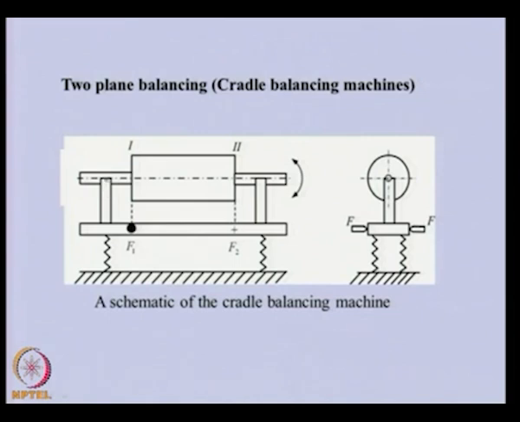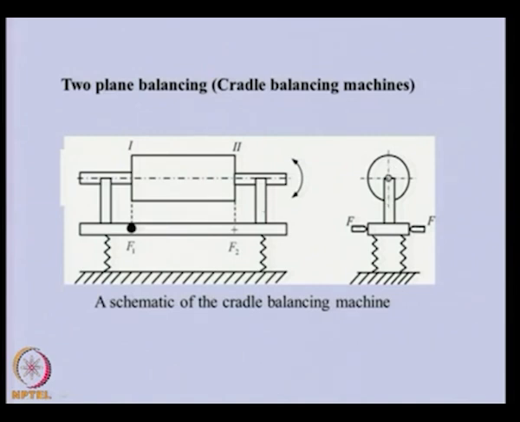This is some kind of bearing support, which is a frictionless support to the rotor, and this whole assembly of the bearing and the base is mounted on some kind of flexible support, and this is the rigid base. This flexible support, if we see from the side, is mounted on basically 4 flexible springs, and this is the rotor and this is the bearing block.